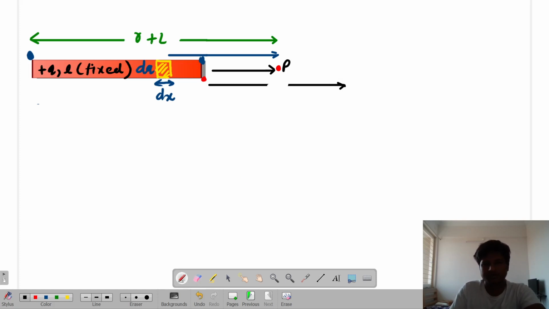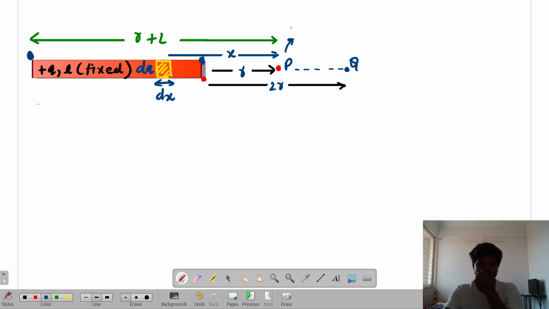Right or not? It goes from point P to point Q, capital Q, and this is 2r, and this is my r. Are you able to get me or not? Find what is its velocity.